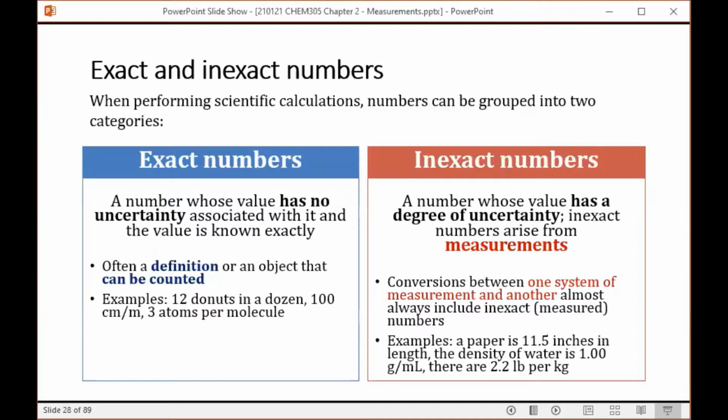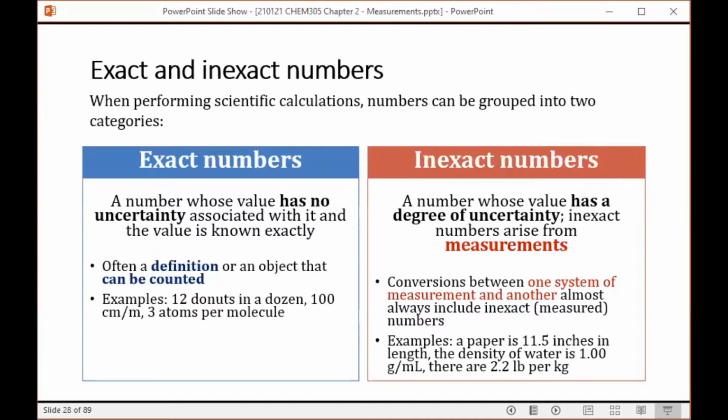Examples: if you measure a length of paper is 11.5 inches, that's an inexact number. The density of water is 1 gram per milliliter. That's an inexact number because that number was obtained by taking a measurement in the lab. There are 2.2 pounds per kilogram. Converting between pounds and kilograms, that's an inexact number, because to come up with that conversion factor, a scientist in a lab somewhere had to take 1 kilogram and place it on an English scale to measure how many pounds it was equivalent to.